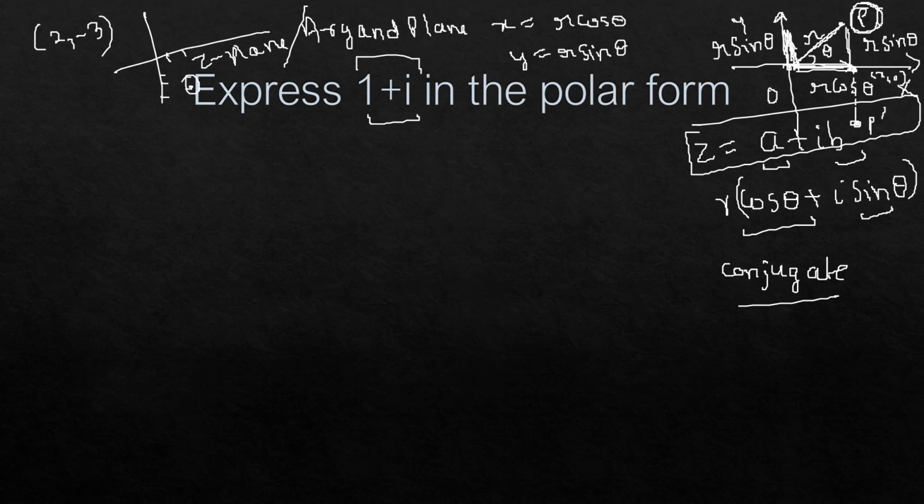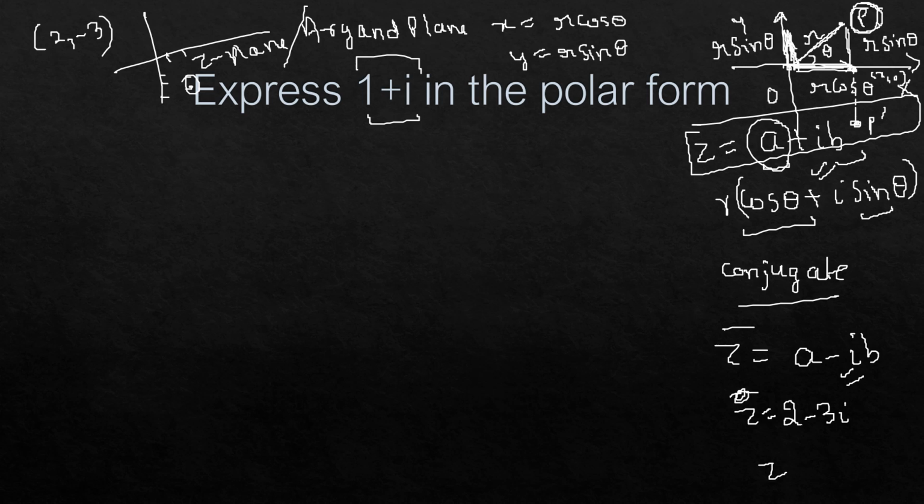It would be minus r sin theta, correct? But x would be the same. So conjugate is like keeping the real part as it is and changing the sign of the imaginary part. If it is plus, then convert it into minus. For example, if you have 2 minus 3 iota, what is the conjugate?